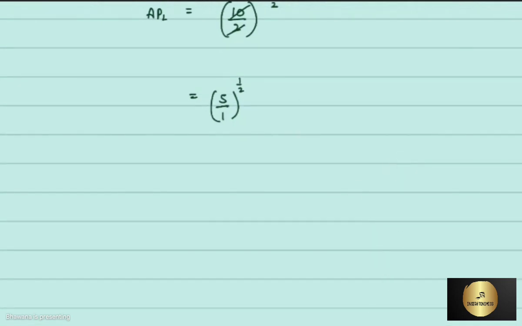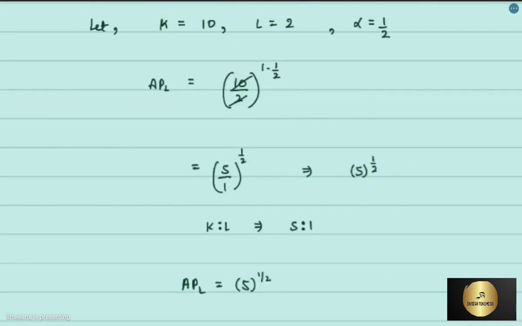So when you solve it, it's 5^(1 by 2), and the ratio of capital to labor is 5:1, and you got your APL equal to 5^(1 by 2).